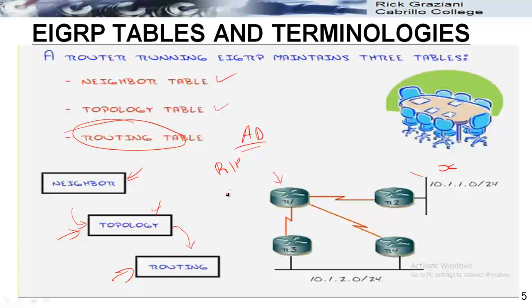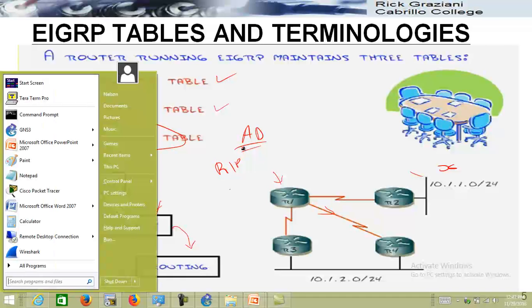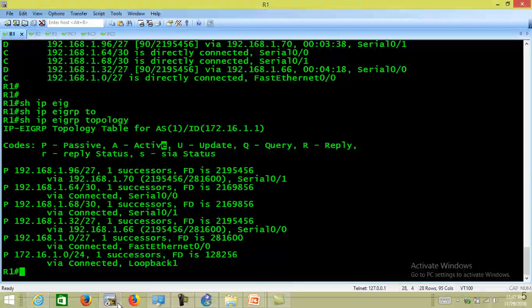Of course it will believe EIGRP because EIGRP has a lower administrative distance than RIP. And you as the network admin can even override all these routing protocols, where you come to the router and say ip route, whatever, you point it this way. The router will believe you more because of the administrative distance. And that's what we are seeing here.